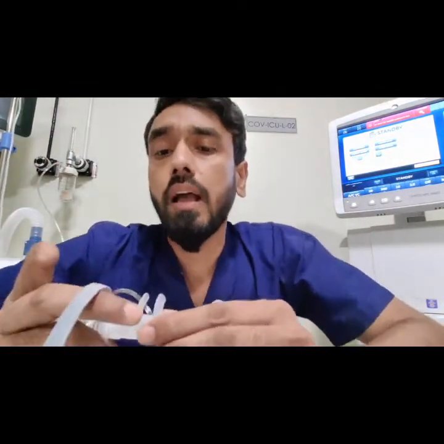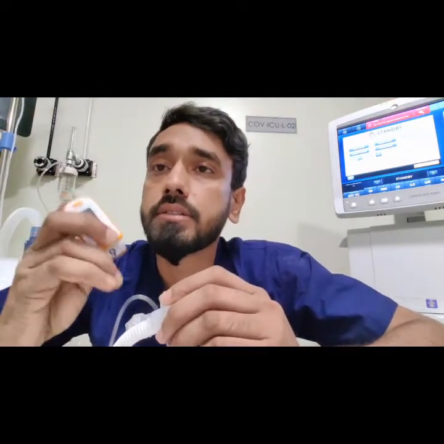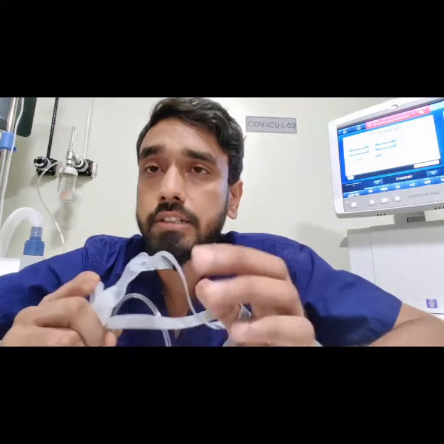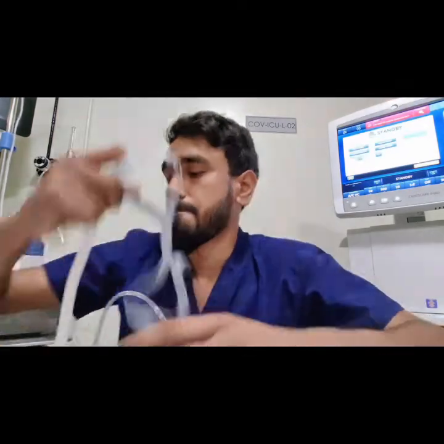So after providing 100% oxygen, we check the patient's saturation, pulse, respiratory rate, and other vitals. If the vitals are normal, we provide other medication and continuous oxygen administration for this patient.